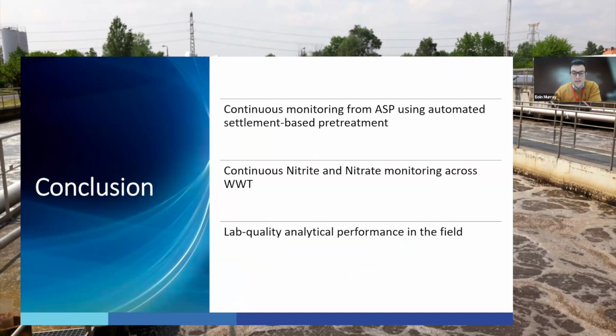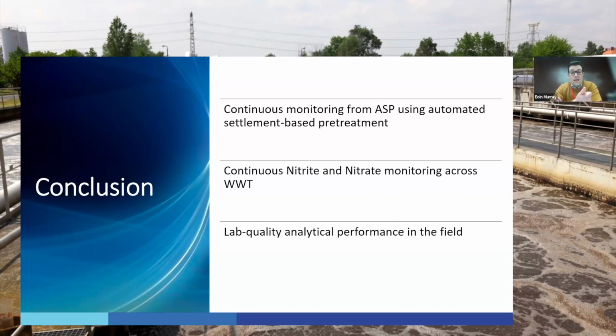So to conclude, just to summarize what we've discussed: continuous monitoring from activated sludge processes can be enabled, and it is enabled using our automated settlement-based pre-treatment system combined with our Aquamonitrix analyzers.